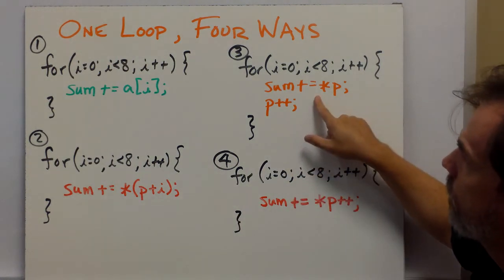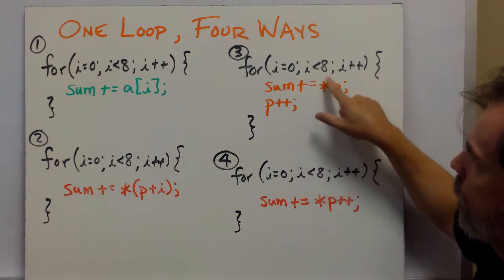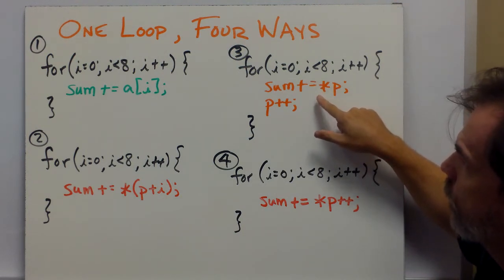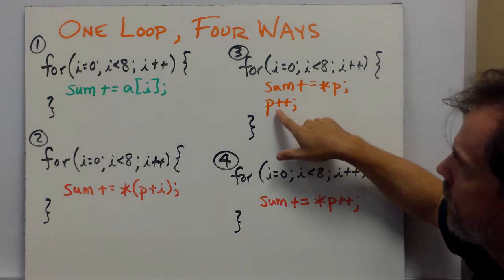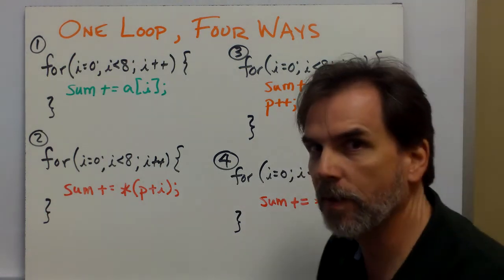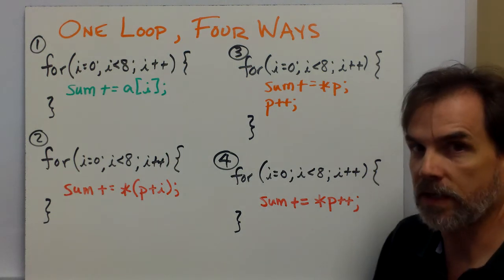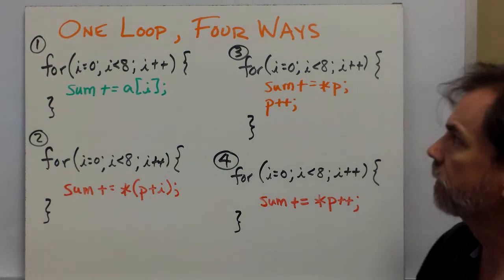Now let's look at this loop instead. Here, we're not adding I to P each time through the loop. We're actually changing the value that's stored in P. Remember, P is a variable, so we can assign to it. We can do operations with it and change it.